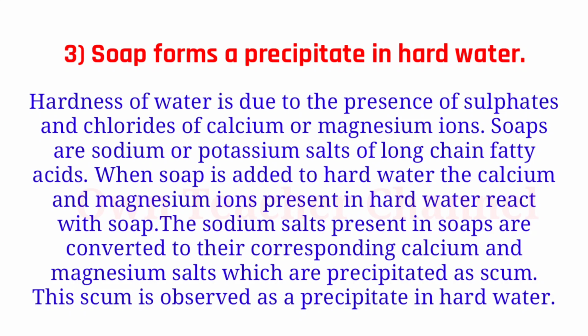When soap is added to hard water, the calcium and magnesium ions present in hard water react with soap. The sodium salts present in soaps are converted to their corresponding calcium and magnesium salts, which are precipitated as scum. This scum is observed as a precipitate in hard water.